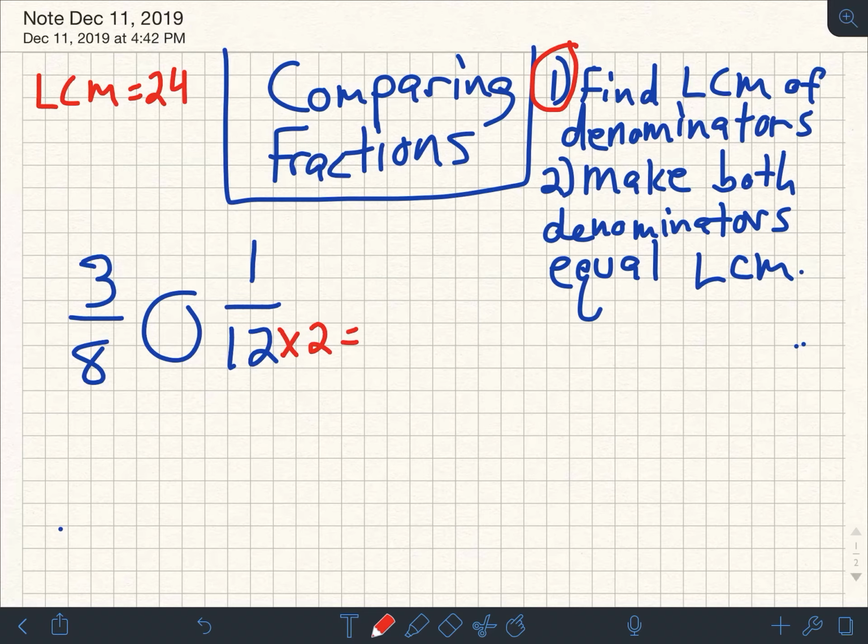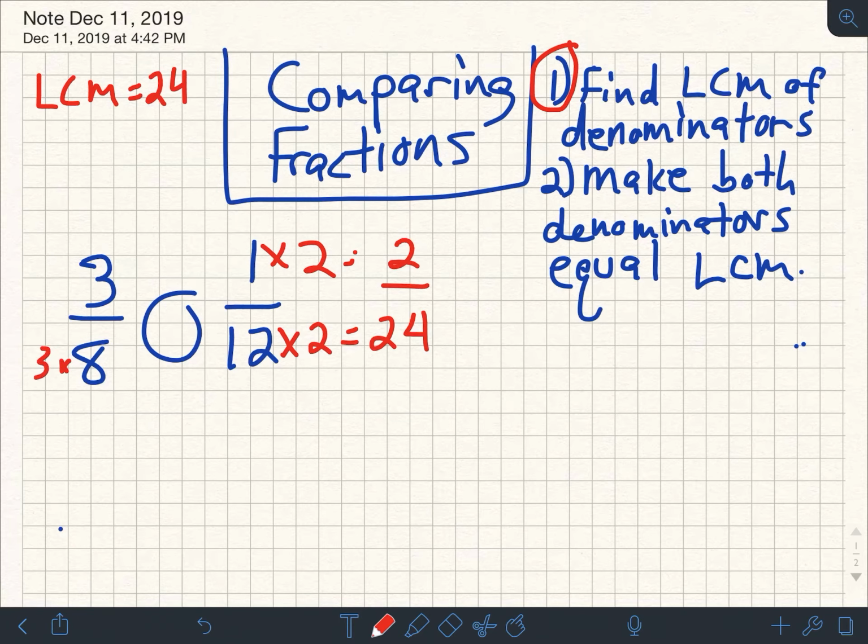So I have to do the same thing to the numerator. I have to do 1 times 2, and that'll equal 2. So 2/24 is our fraction on the right. Our fraction on the left, we have 3/8. To make the 8 a 24, I have to multiply it by 3.